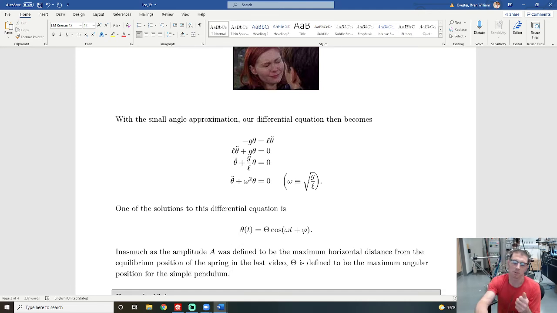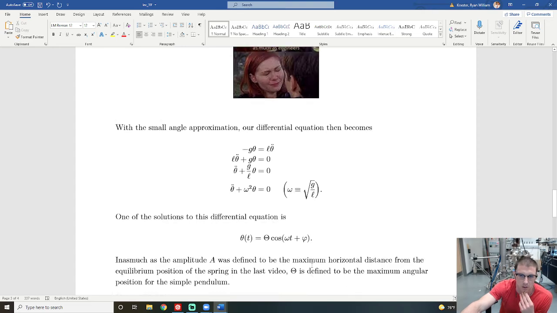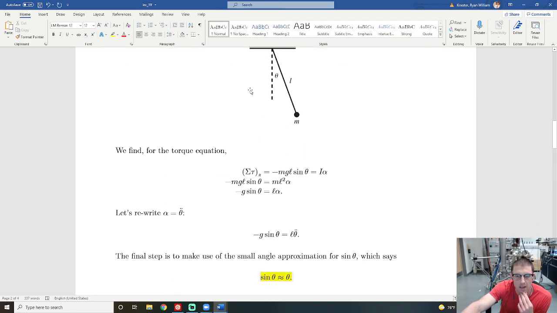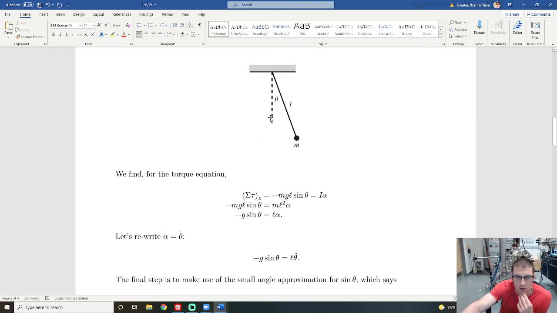So it's the maximum angle that, if we come back to our picture here, this thing makes with respect to the vertical.